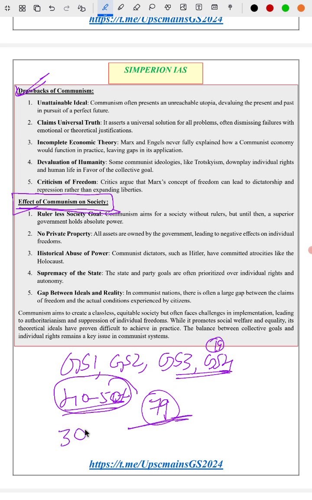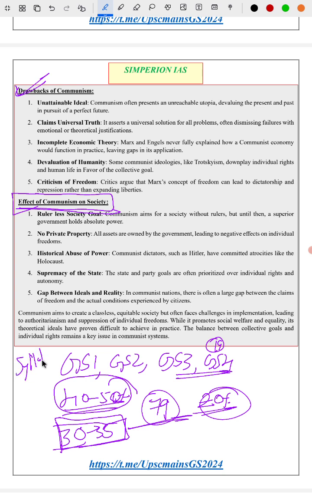At least around 30 to 35 or more questions can be answered using the PYQs, and around 20% of questions appear based on pure current affairs or contemporary issues. The remaining are very static questions picked based on the syllabus. So PYQs are very important in GS.